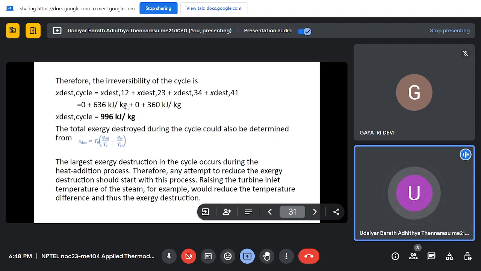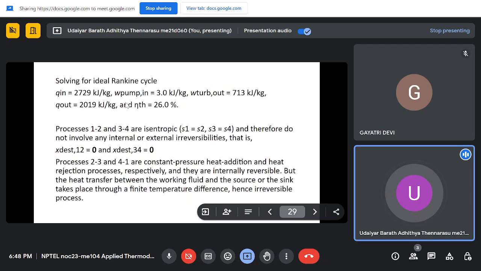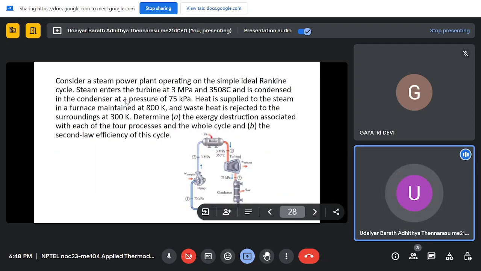So how to do this is, in the ideal case, what we discussed in the previous week: raising the turbine temperature, superheating the steam to a higher temperature, or increasing the condenser pressure. These are some cases which we saw, and we also saw some numericals on that, how each of it has an effect. Increasing it to a higher temperature, we saw that it was becoming more efficient.